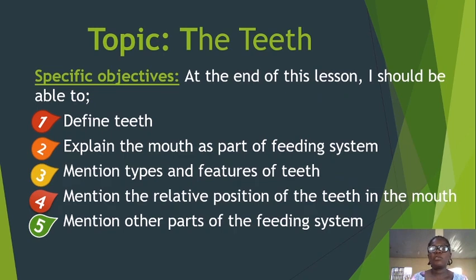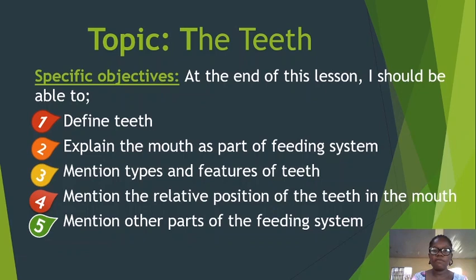Our topic for today is teeth. The specific objectives are, at the end of this lesson, you should be able to: 1. Define teeth. 2. Explain the mouth as part of the feeding system. 3. Mention types and features of teeth. 4.